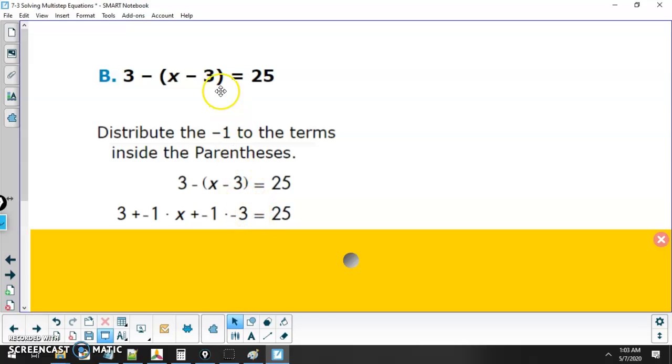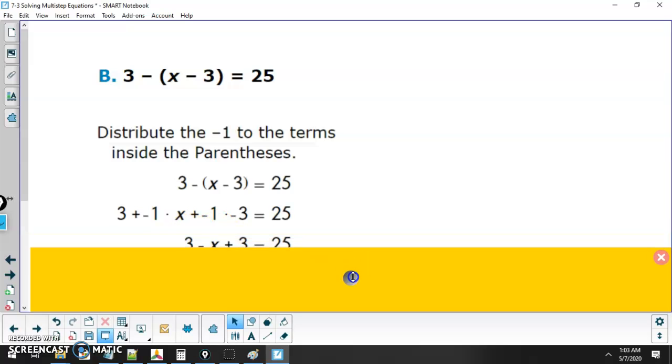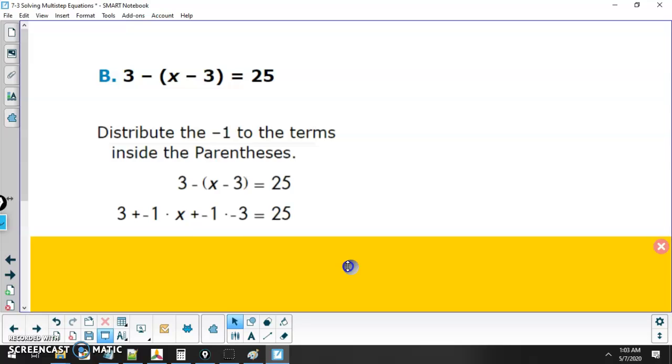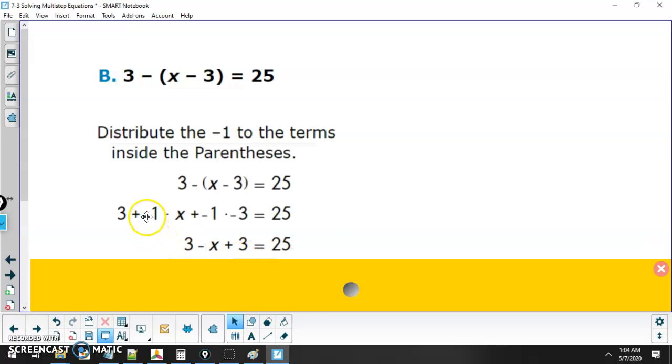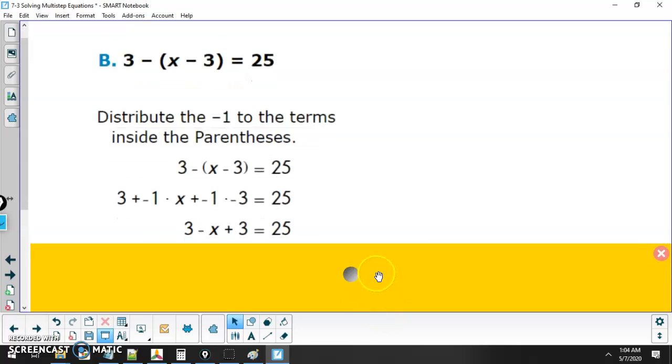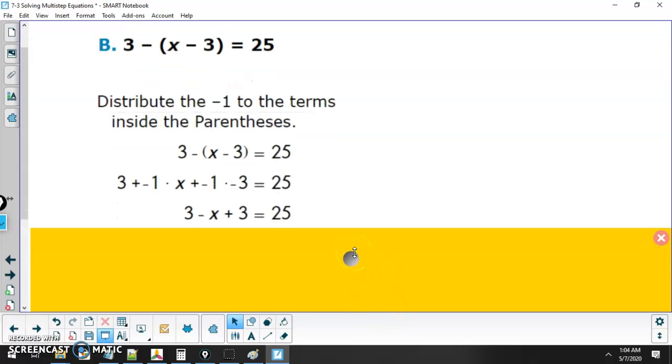Remember, the -3 is really a negative 3. Hopefully you can see that real clear there. -1 times x is -1x, so you can drop the 1. And then -1 times -3 is +3. We're still on step 1, by the way, which is to simplify each side separately.